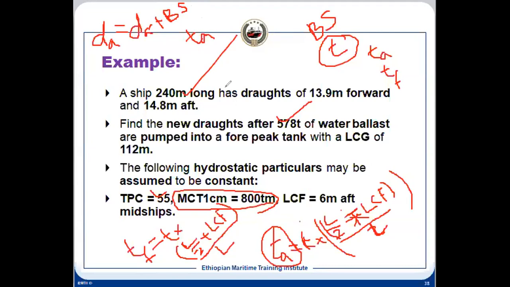Yes, it will be minus. That is the correct answer. So since it is minus, DF is equal to DF dash plus BS plus TF, because once this is minus, this is plus, because of opposite side. It means this TA and TF have to be of opposite sign. So we can find this out by using this formula.